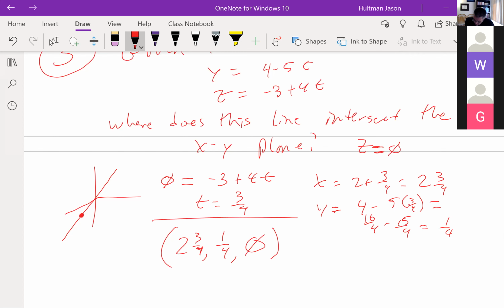It's not a trick question. Okay, it's 0. Does that make sense? So this is going to be that point there where it crosses the xy plane. Where that line goes through the xy plane is going to be at this point.